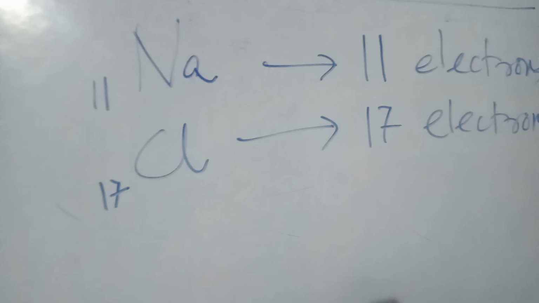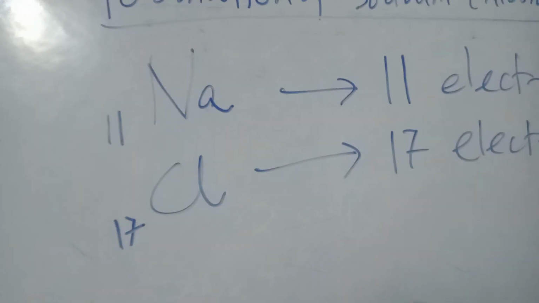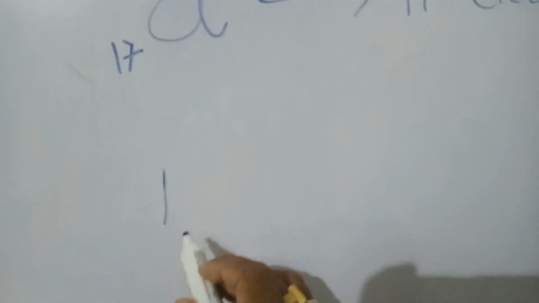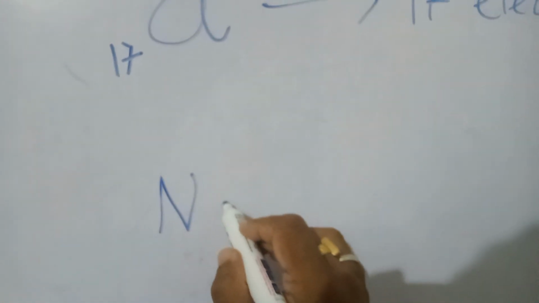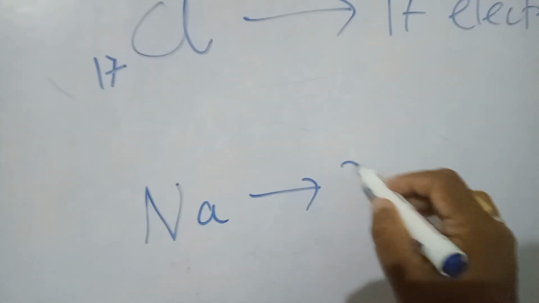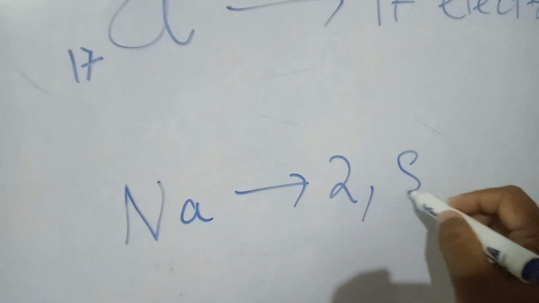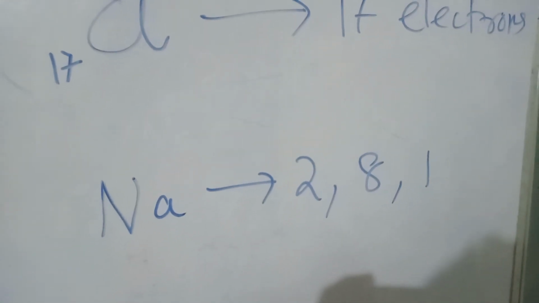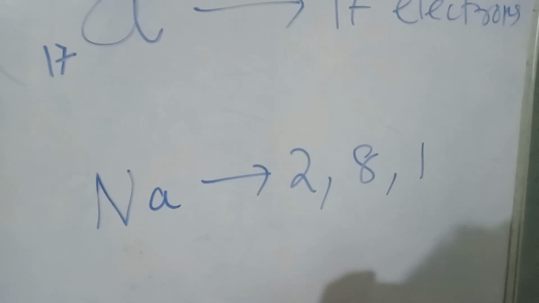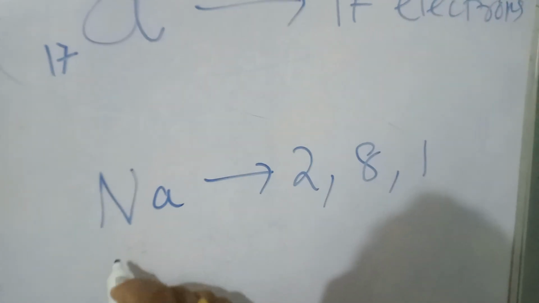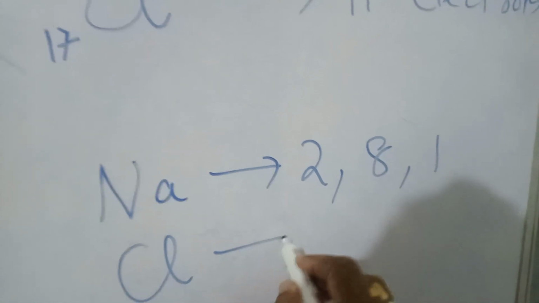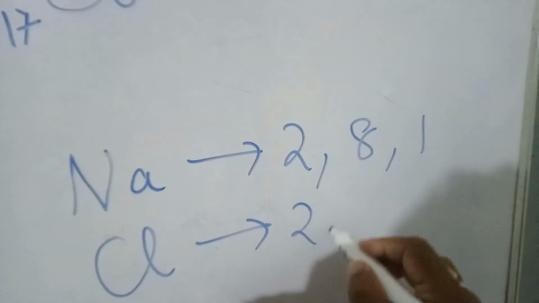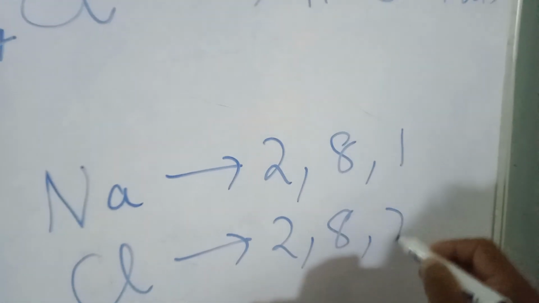If we go for electronic configuration, in case of sodium, it will have 2, 8 and 1, meaning 2 in the innermost orbit, then 8 electrons, then 1 electron. And in case of chlorine, it will have 2, 8, 7.